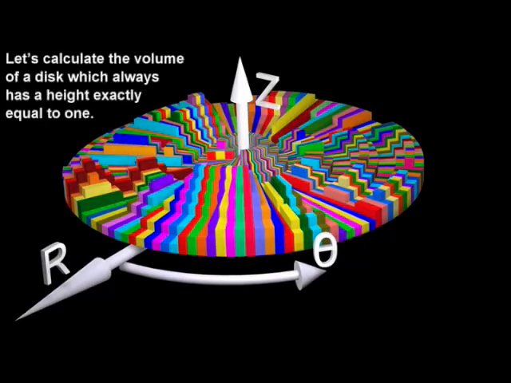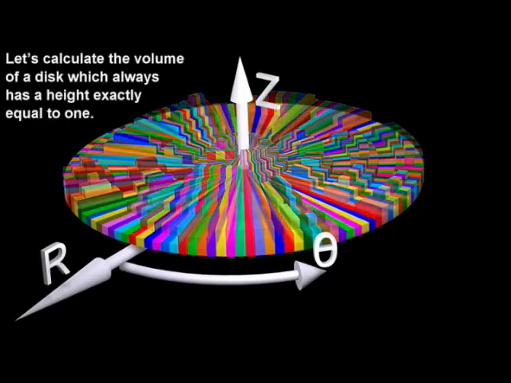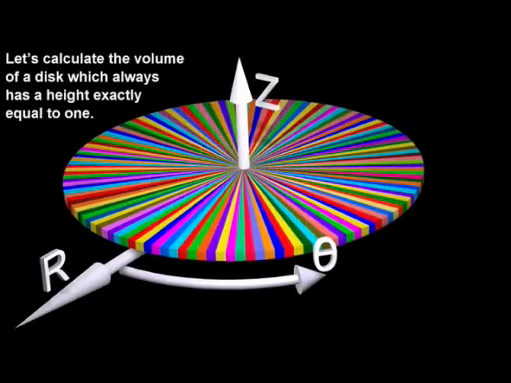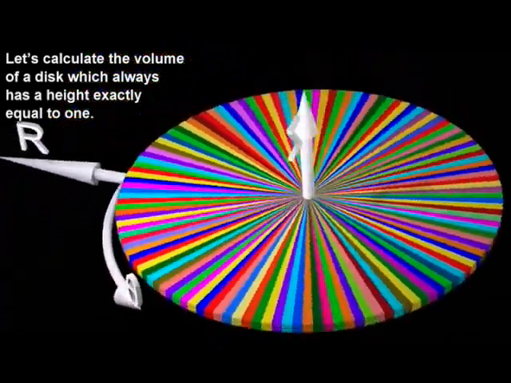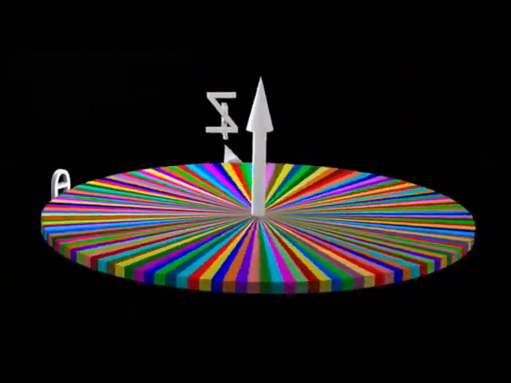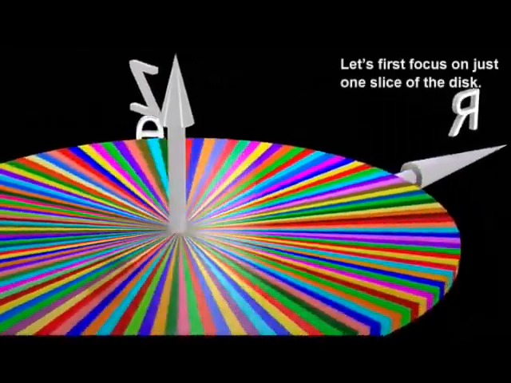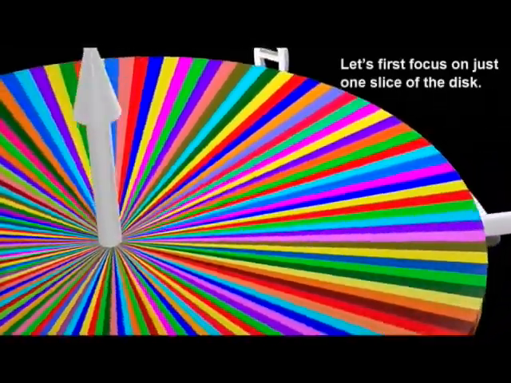Let's calculate the volume of a disk, which always has a height exactly equal to 1. Let's first focus on just one slice of the disk.